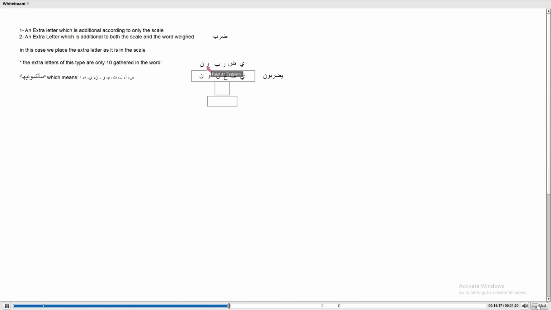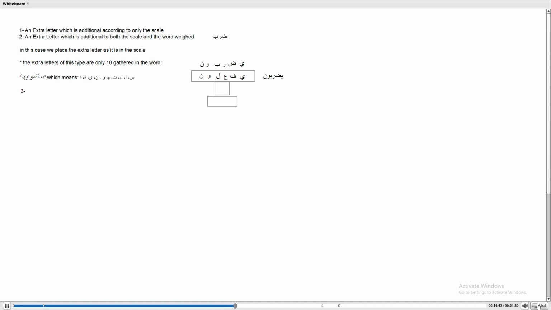So when it is extra, and additional to both the scale and the word weight, it has to be one of those. Okay? This is the second type of extra letters.